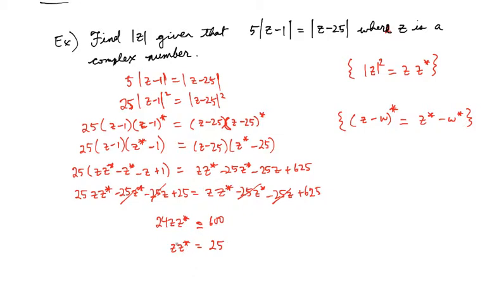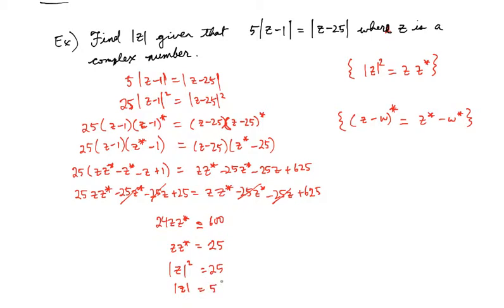So this is very convenient. Now that we have z times z star, we can replace it with the magnitude of z squared. And once I have this, I can take the square root of both sides, and the modulus of z becomes 5.